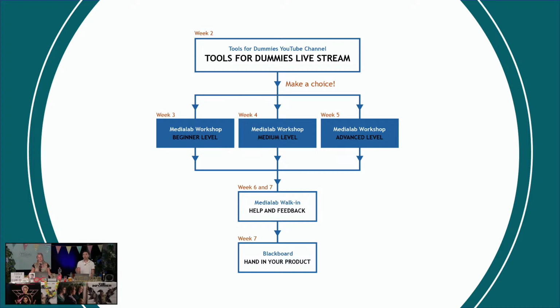But for other blocks in which you will use maybe After Effects, maybe you already have some experience with that, and then you can choose to skip the beginner level tutorials and just come to the medium or the advanced level. So we have a split between the several levels of skill.